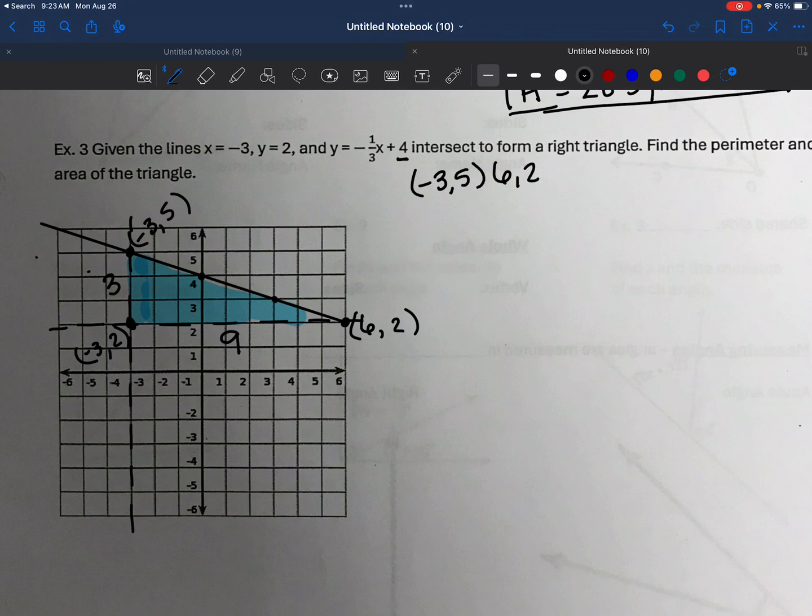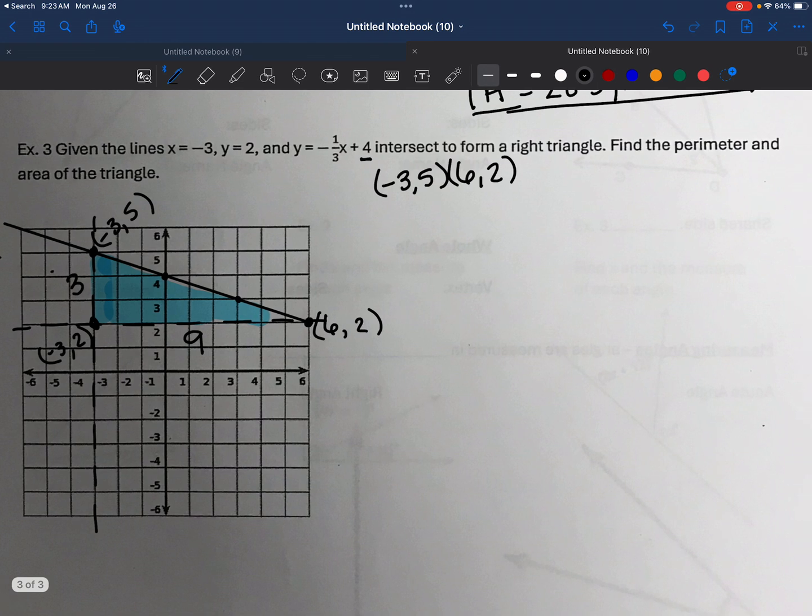Okay, so the only one I'm going to have to find is the distance from -3, 5 to 6, 2. Symphony, what am I going to have to use to find the distance between those 2 points?